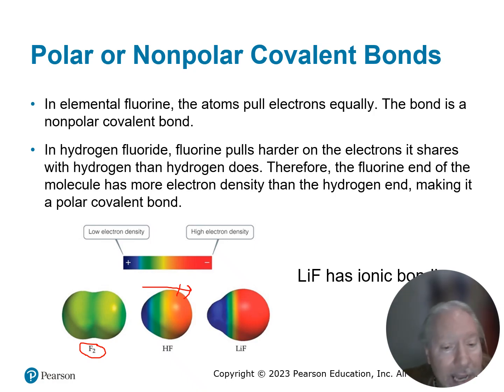Lithium fluoride, on the other hand, is another story. In lithium fluoride, the electrons are way over here with the fluoride. In fact, they get completely pulled over to the fluorine. Lithium loses its electron, fluorine gains an electron. So there is no polar covalent or covalent bond here.